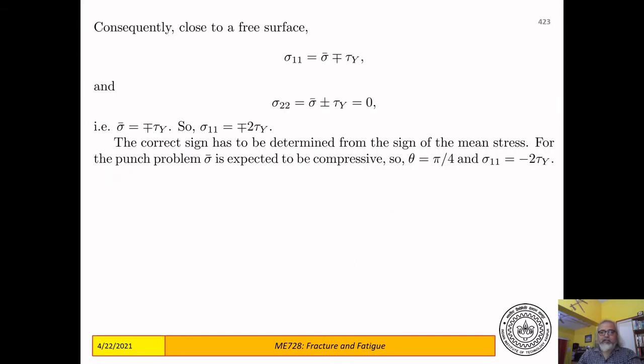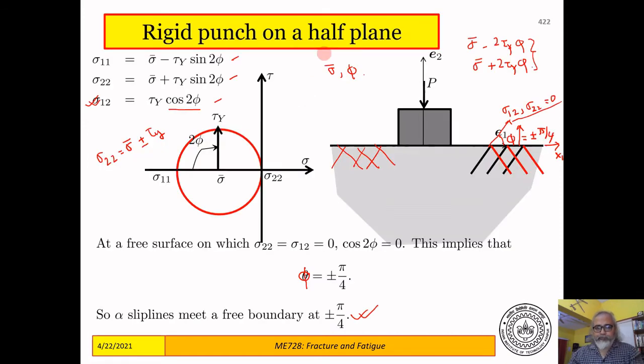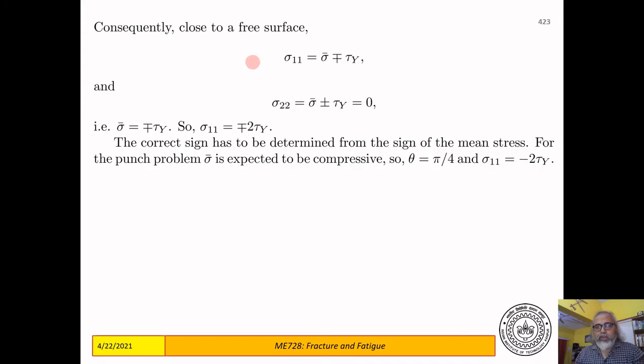Similarly, sigma 1 1 will be either sigma bar minus tau y in case phi is plus 45, or sigma bar plus tau y in case it is minus 45. So sigma 1 1 will be sigma bar minus plus tau y, and sigma 2 2 will be sigma bar plus minus tau y.